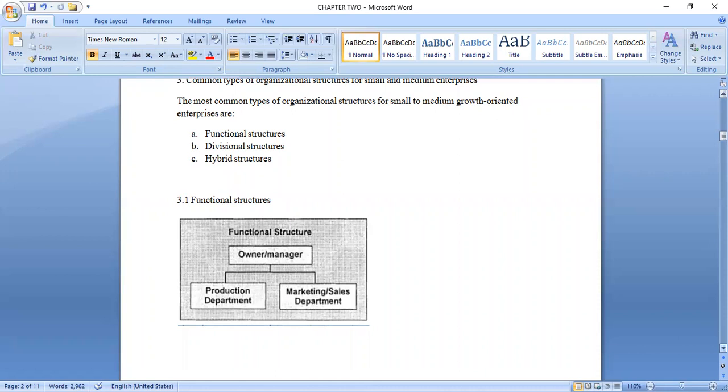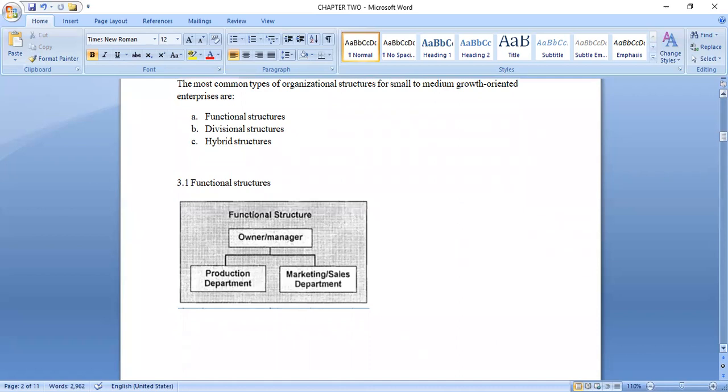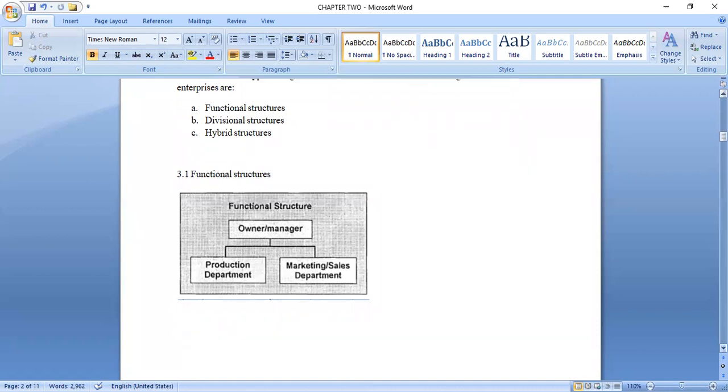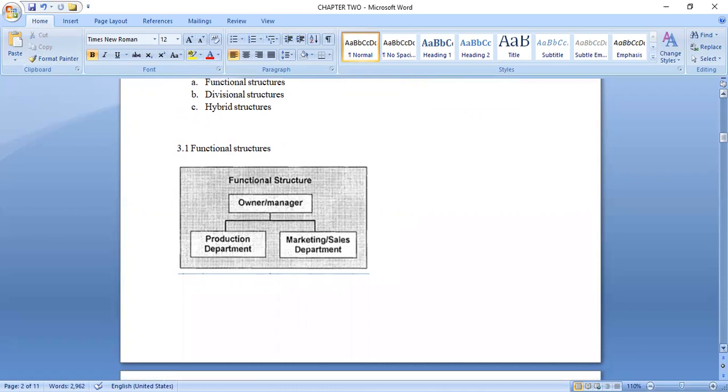Like the name goes, function, right? So these functional structures, basically, they are at that level of tasks, yeah? So for example, here at the top of the hierarchy we have the manager, who is the owner, and then we have other departments below that.